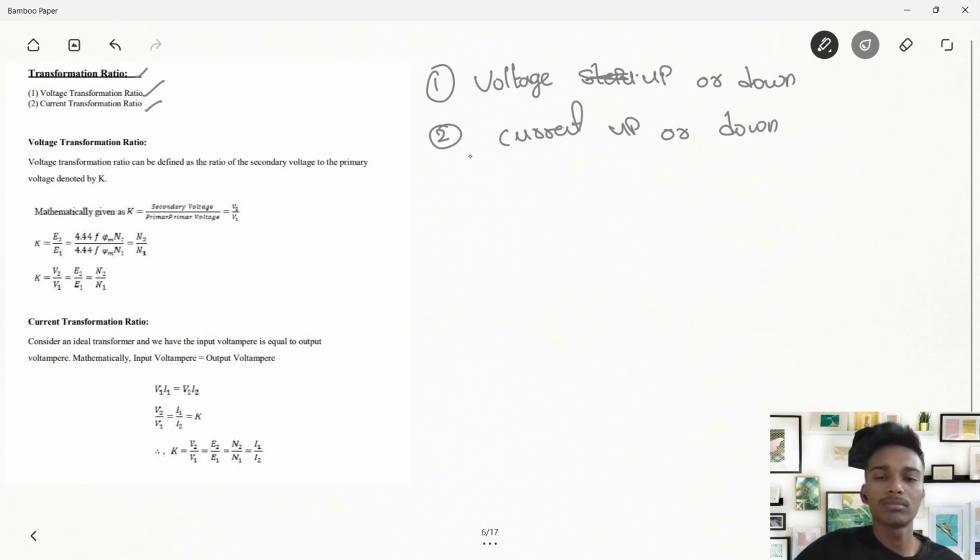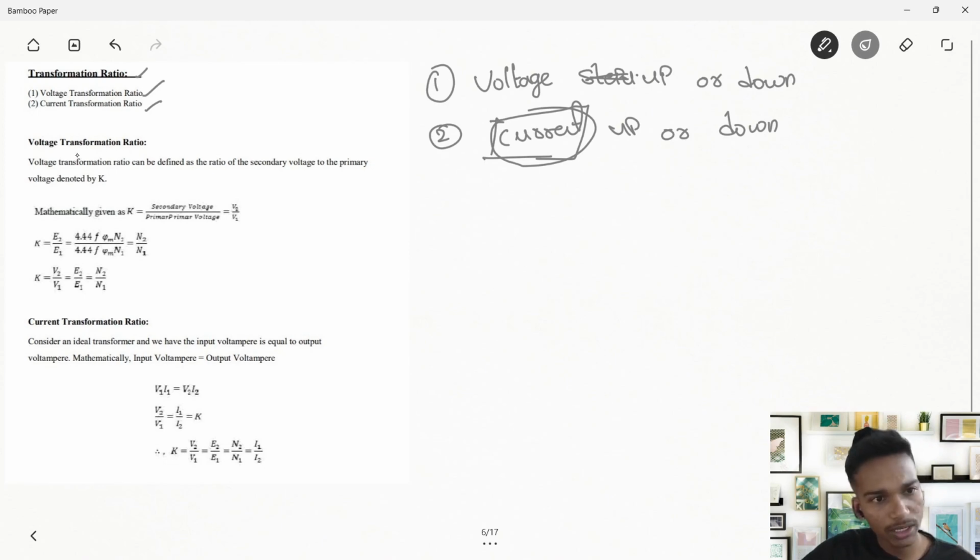I'm not saying current up and current down in the sense of making the current flow upwards or downwards. My intention is magnifying the magnitude of current or demagnifying the magnitude of current. These are the two major purposes for which we use transformers.